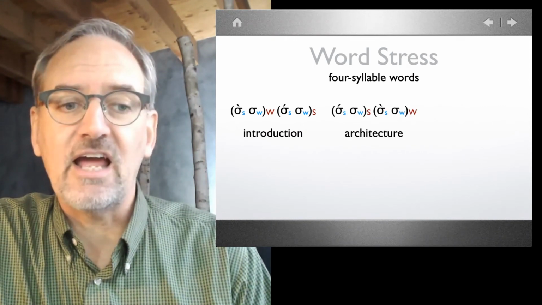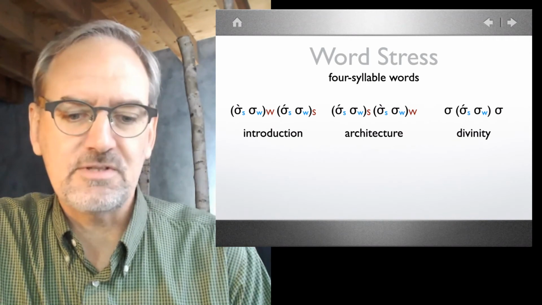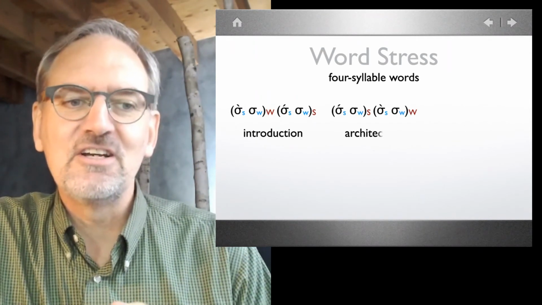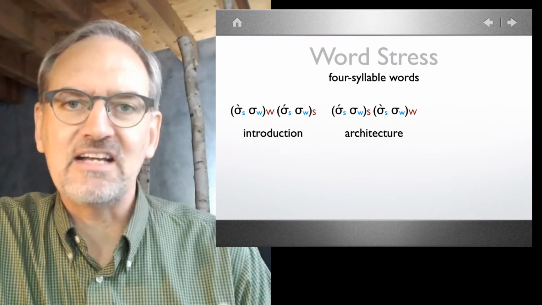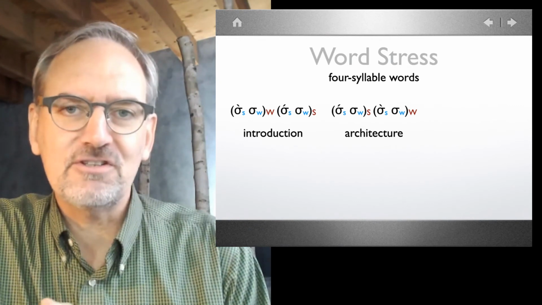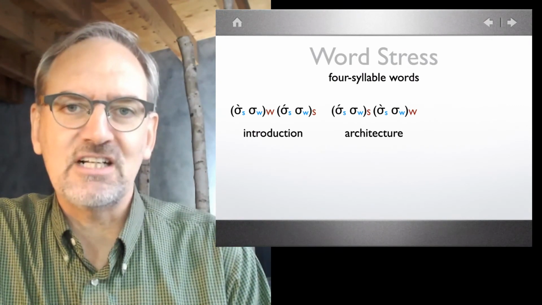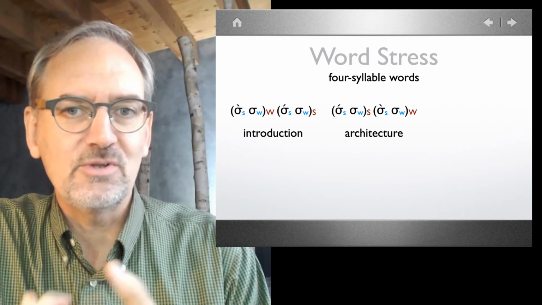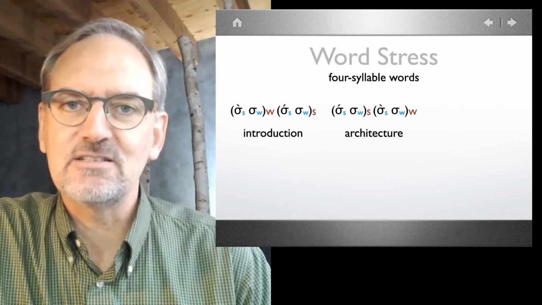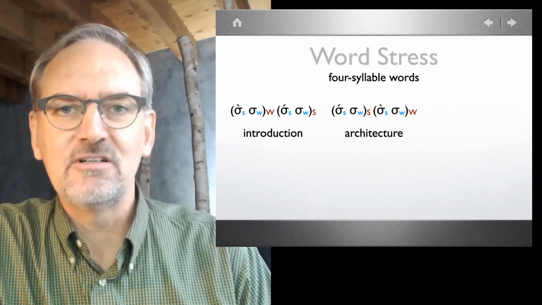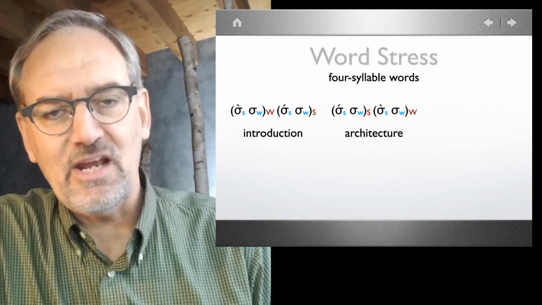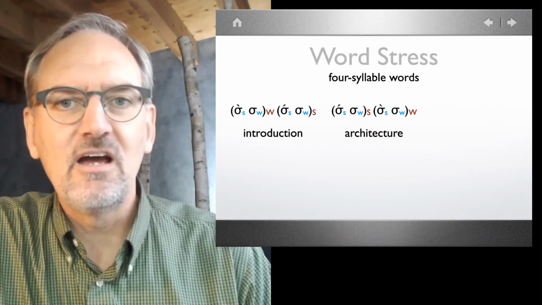But we also have words like architecture. Whoops, I went too fast there. We also have words like architecture, also made up of 2 bisyllabic feet, but this time primary stress is on the first syllable because it's the strong syllable in the strong foot, which is now the first foot. The third syllable still has stress because it's the strong syllable of the foot, but it's the strong syllable of the weak foot, so it gets secondary stress.